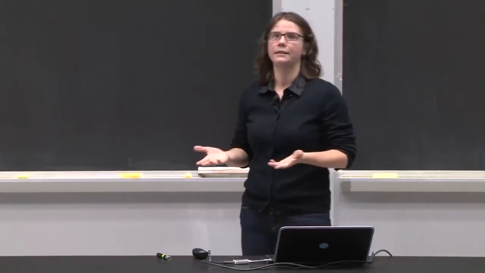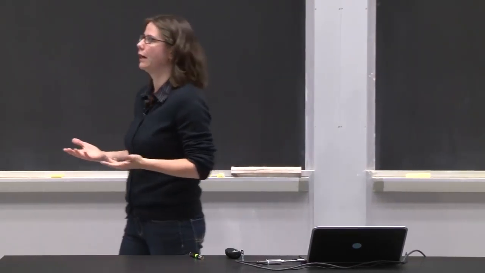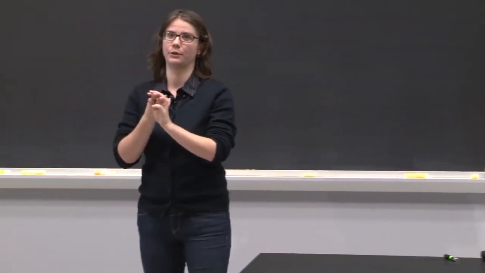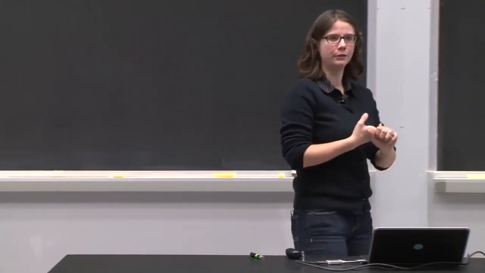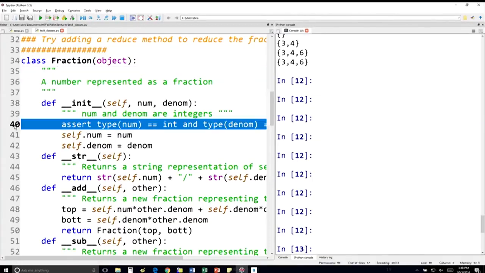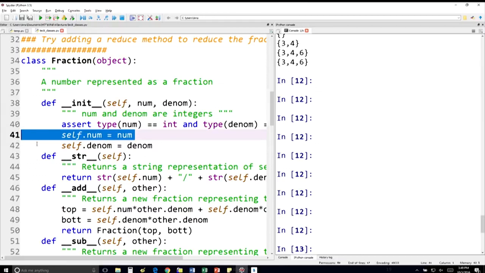The way I've decided to internally represent a fraction object is with two numbers. I've decided that I will not let them be floats. They have to be integers, hence the assert over here. Inside the init, I'm going to represent my fraction with two numbers, one for the numerator and one for the denominator.